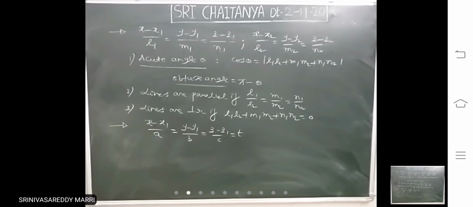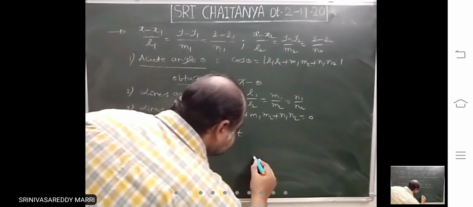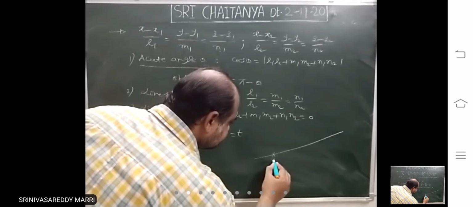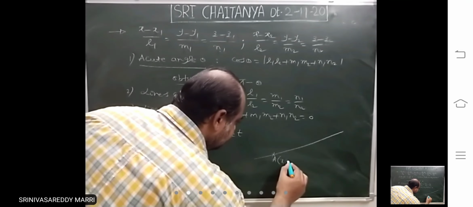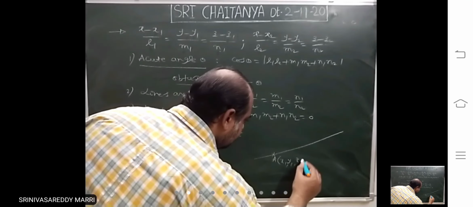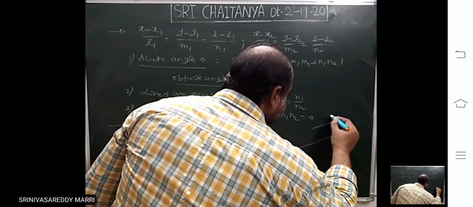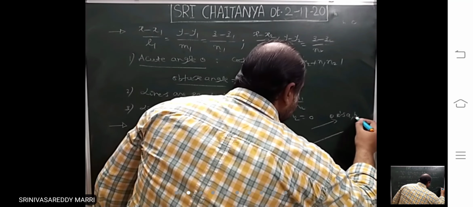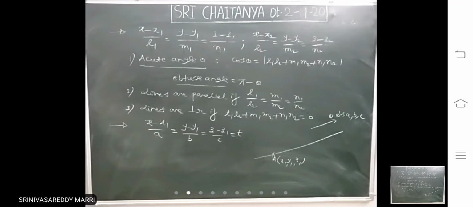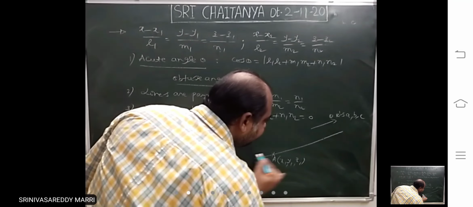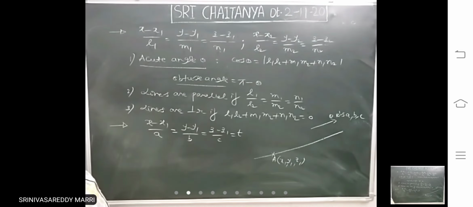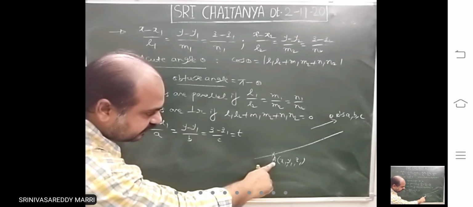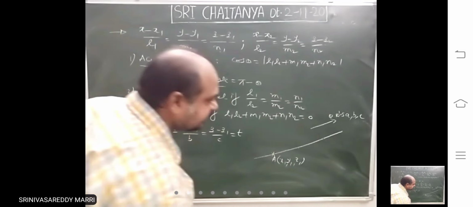So this line passes through a point and has DR's A, B, C. Now look at, on the line there are infinite points. One point is A, x1, y1, z1. There are a lot of points on the line.